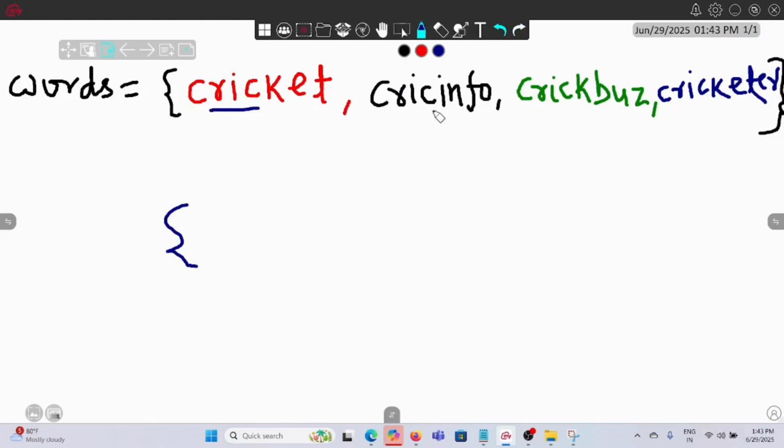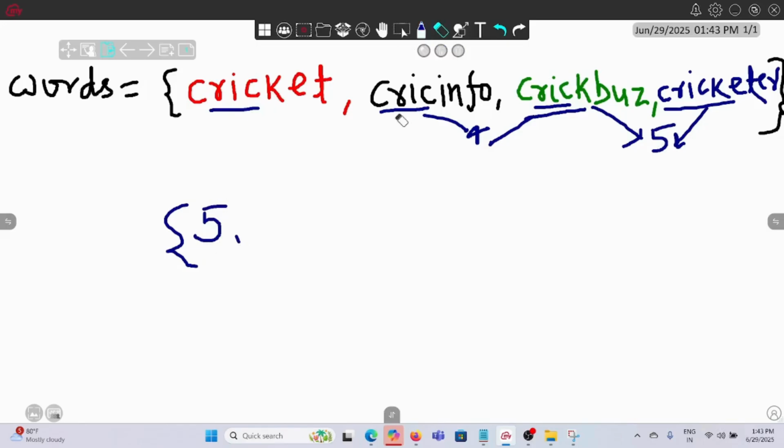We are finding CRICK, CRIC, CRIC as the common here, and in this pair we are finding CRICK and CRICK, so this is 5 length. From here we are getting a 4 length prefix, and from here a 5 length prefix, and we are interested in the biggest value. So at this place we will write 5.